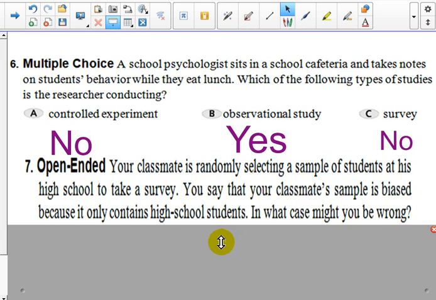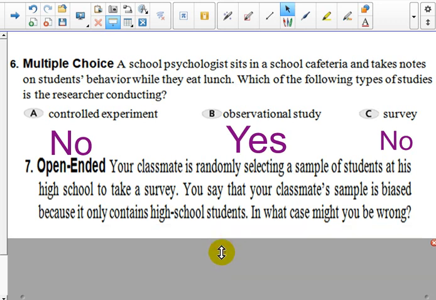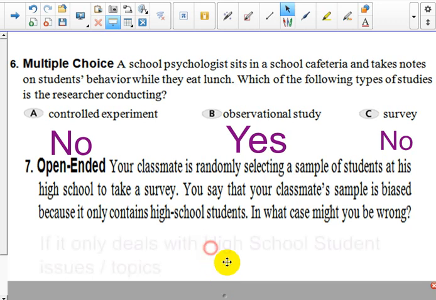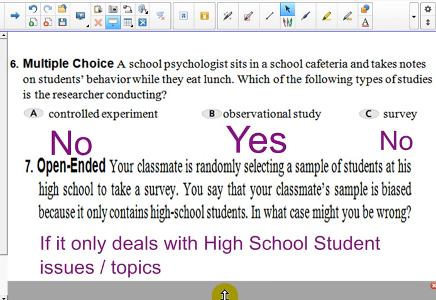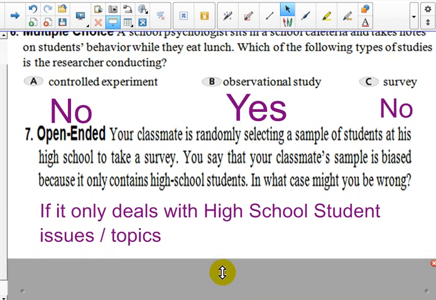Anybody want to answer that for me? Yes? If the question only has to do with high school students. Absolutely. If the question is just about high school students and that's all you need are the high school students, then they're doing the right thing, right? So you can't say that would be a biased thing. All right, any questions on that?